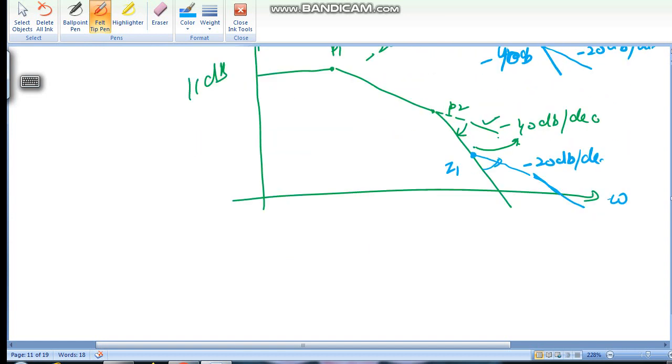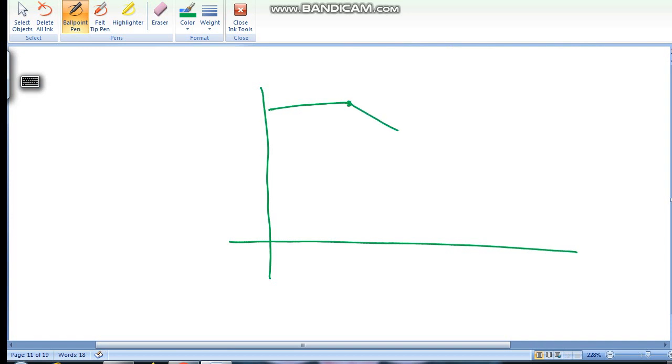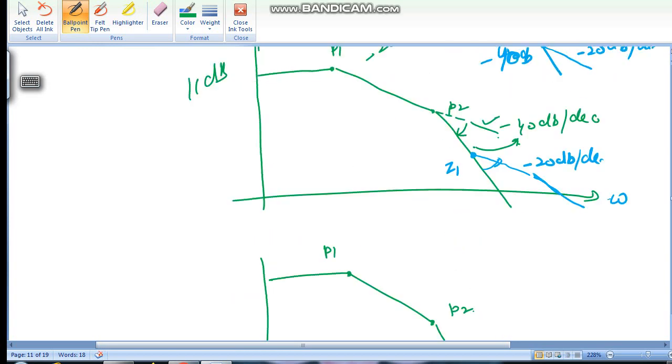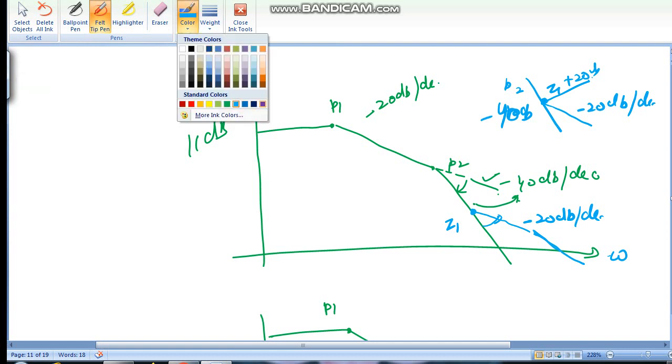Let's take one more example, in which we put the zero on P2. So this is your first pole P1 and this is the second pole P2. Before going further, we will see the actual plot.